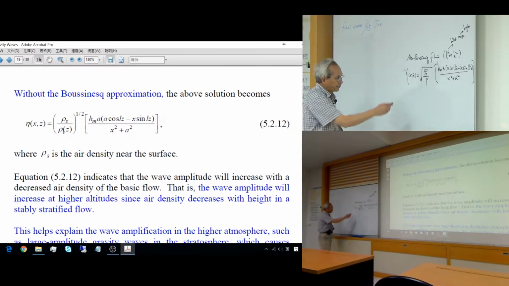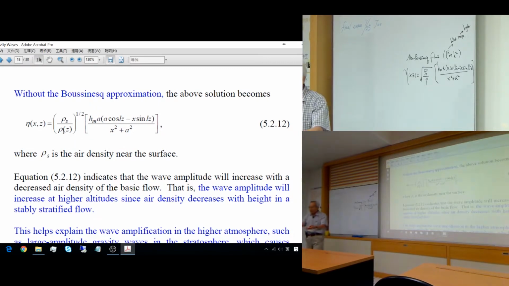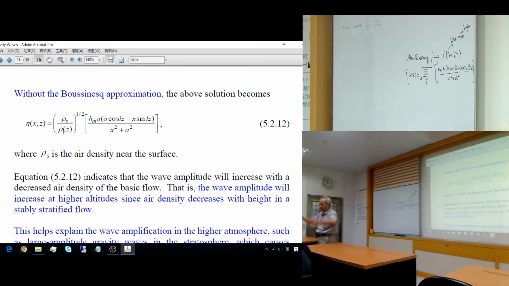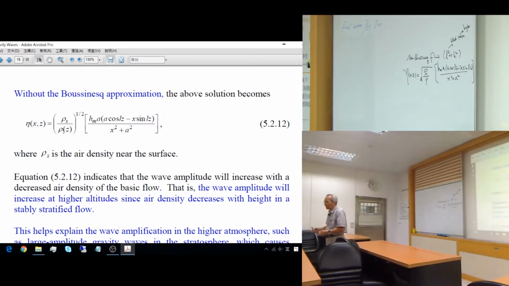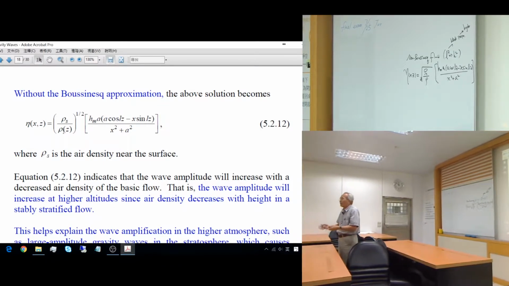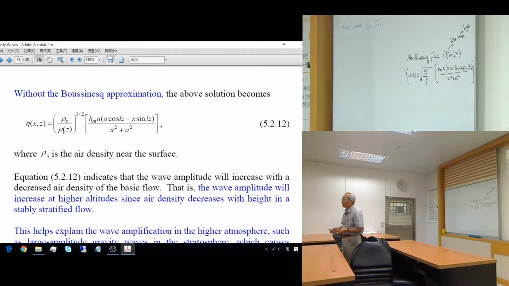So is density decreasing or increasing with height? Come on, you should know. Be more active, okay? Density is decreasing with height or increasing with height? Decrease with height.